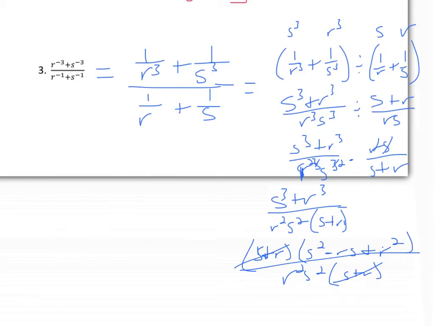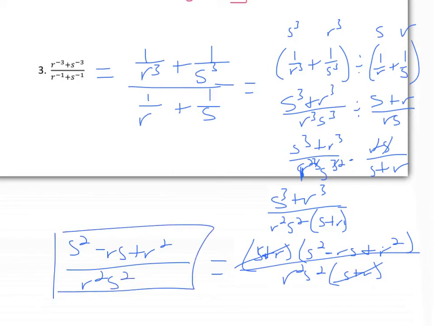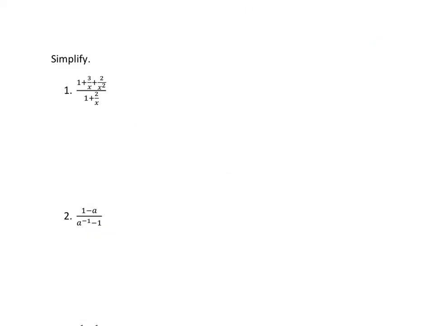So what we'll be left with is s squared minus rs plus r squared all over r squared s squared. And that's as far as you can go. Okay, let's go to more.